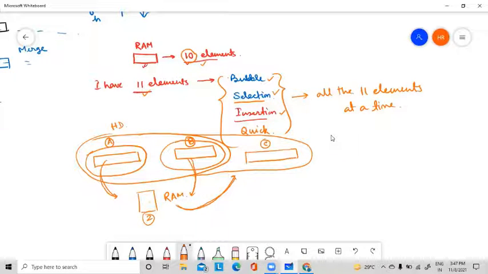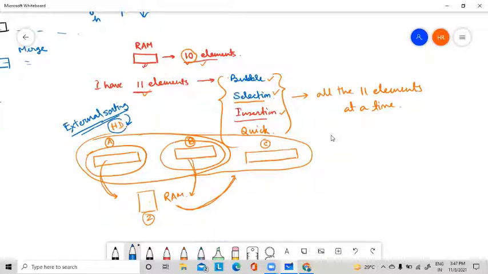Okay, so this is the advantage of merge sort, and due to this advantage, merge sort is called external sorting. Why external sorting? Because here we are using some sort of external hard disk or external memory.